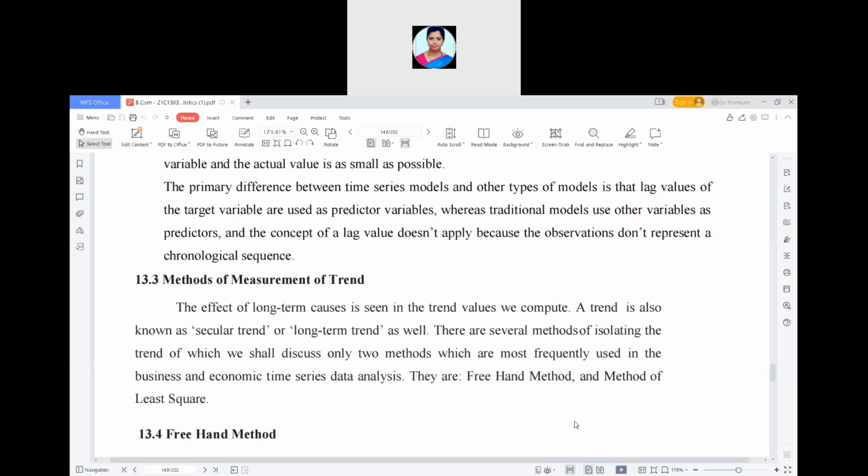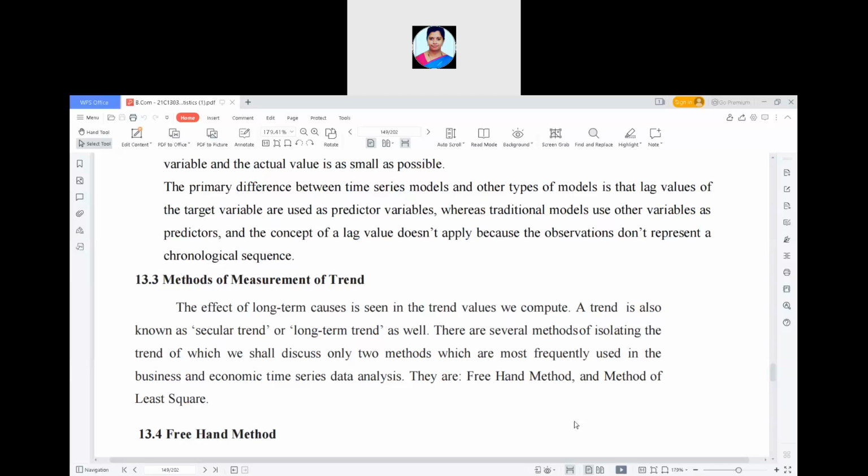A trend is also known as a secular trend or long-term trend. There are several methods for isolating the trend, of which we shall discuss only two methods which are most frequently used.